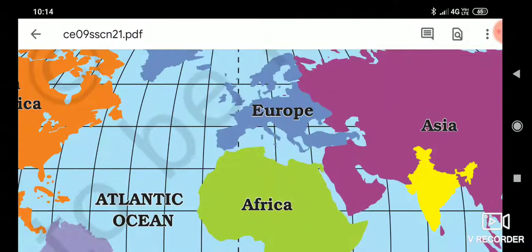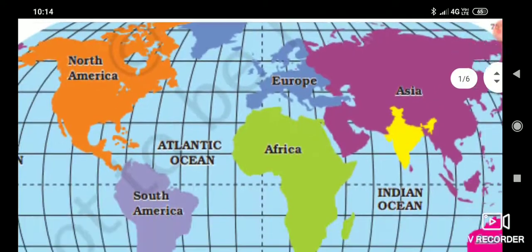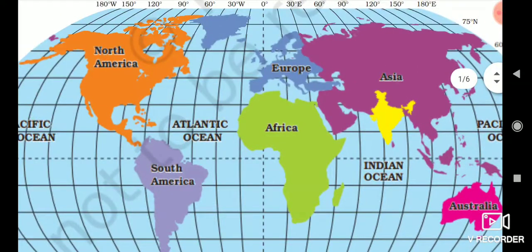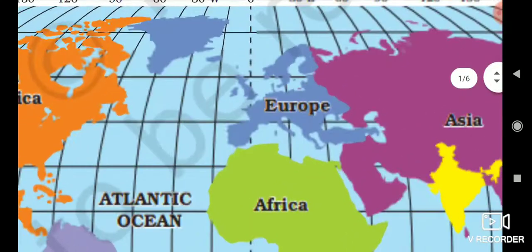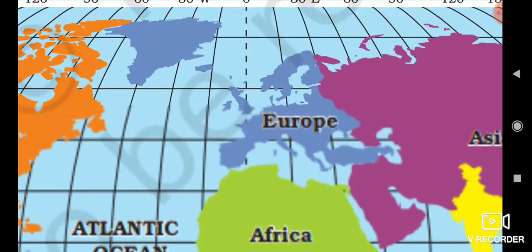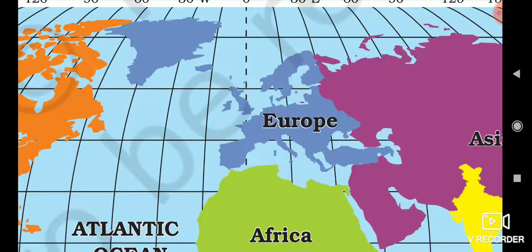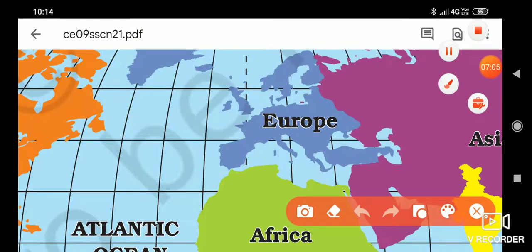As I told you, the equator tells us about the climatic conditions of the countries. This prime meridian and the longitudinal extents tell us about the time and date of the countries.